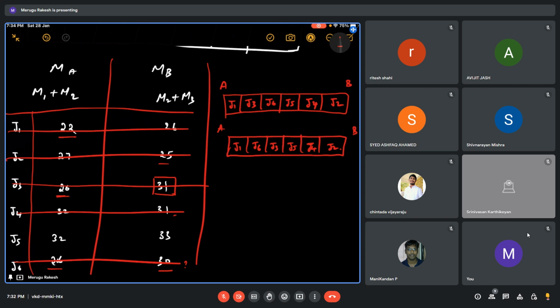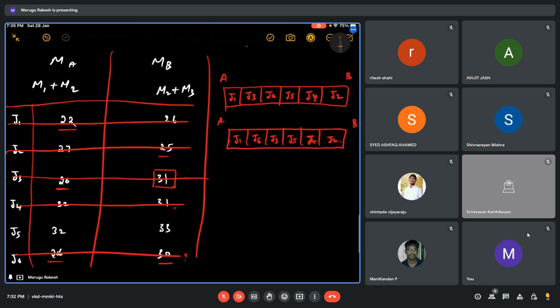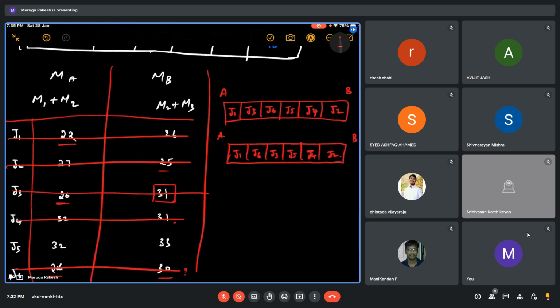And you can work out which is giving you the minimum value. So have you verified these values 22, 27, 26, or are you just following?